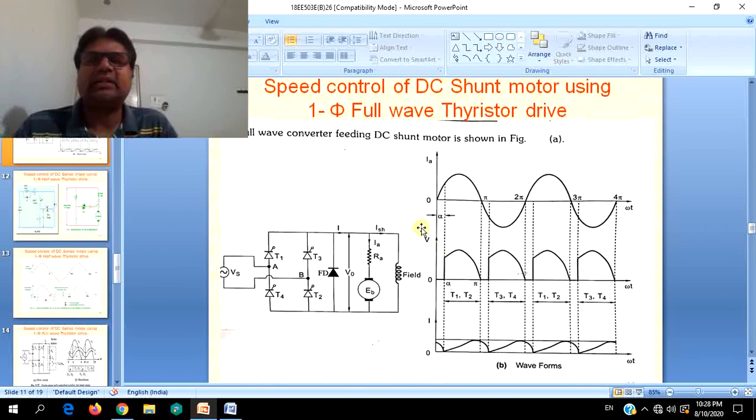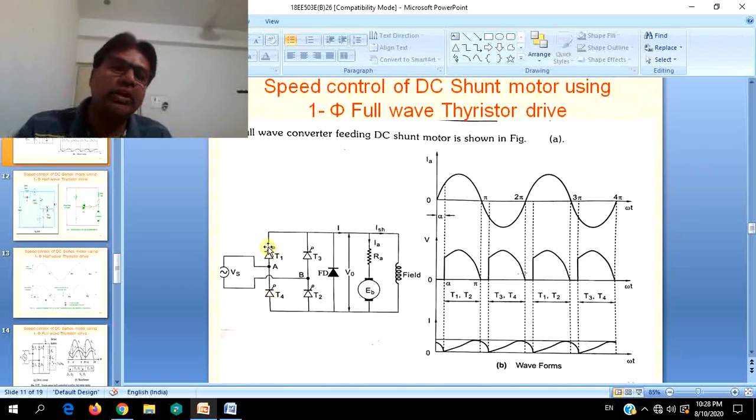This is another circuit shown for the speed control of a DC shunt motor, a single phase full wave thyristor drive, with a fully controlled bridge containing all SCRs T1, T2, T3, T4. A fully controlled bridge or full converter rectifier circuit is used to feed the shunt motor. And obviously from the circuit it is evident that this is used for supply voltage control.